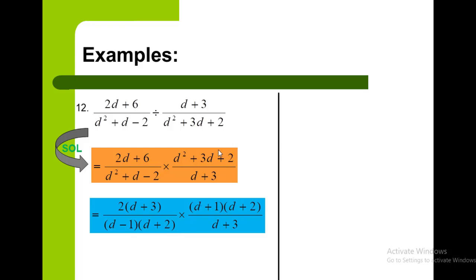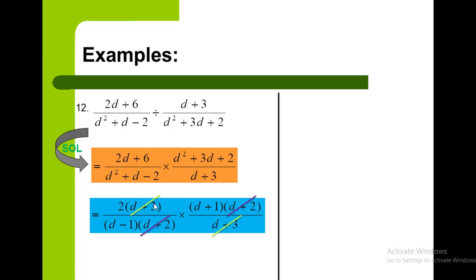We'll factorize the numerator d squared plus 3d plus 2 into two brackets. d squared will be d and d. 2 into the factors 2 and 1, because their sum equals 3 as the middle term. Then d over d plus 3.